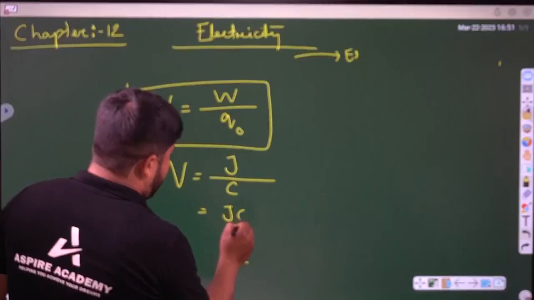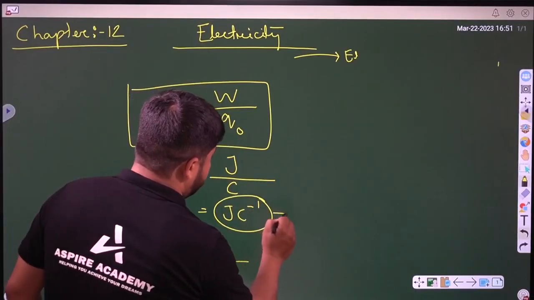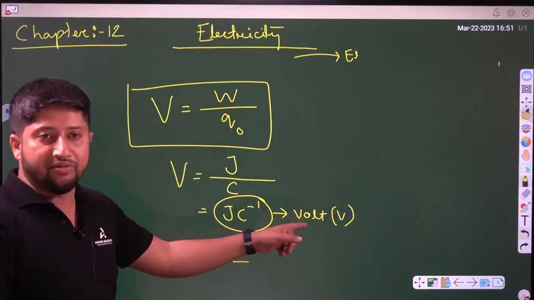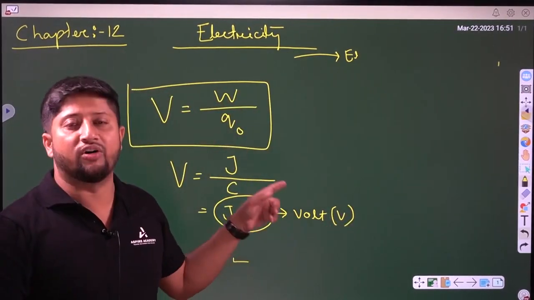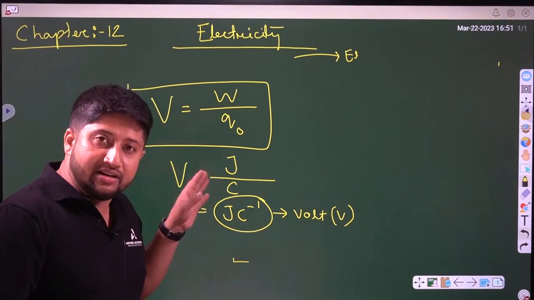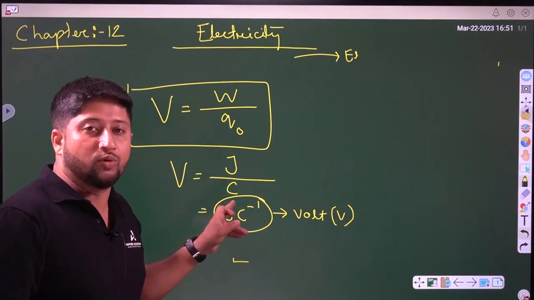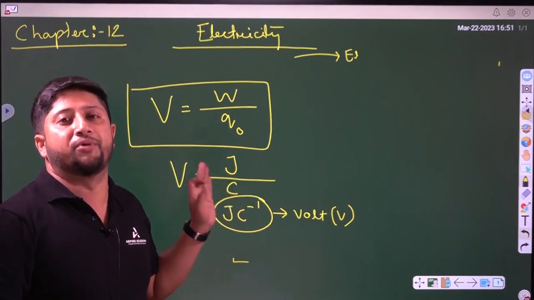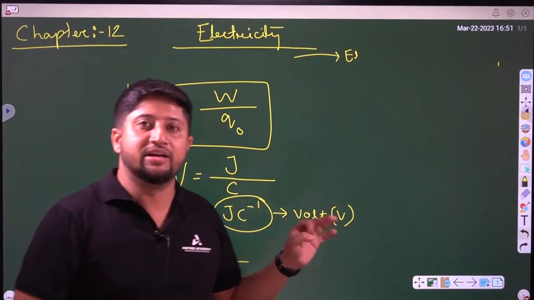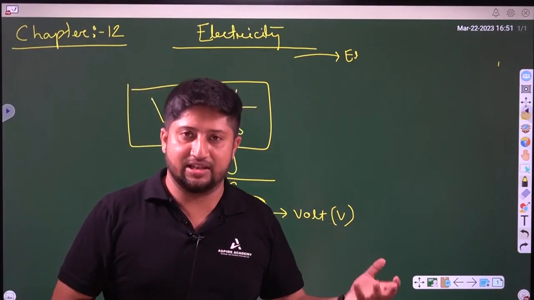So Joule per Coulomb is called volt. So the SI unit of potential difference or electric potential is volt, or in another way, Joule per Coulomb. This is all about electric potential or potential difference.